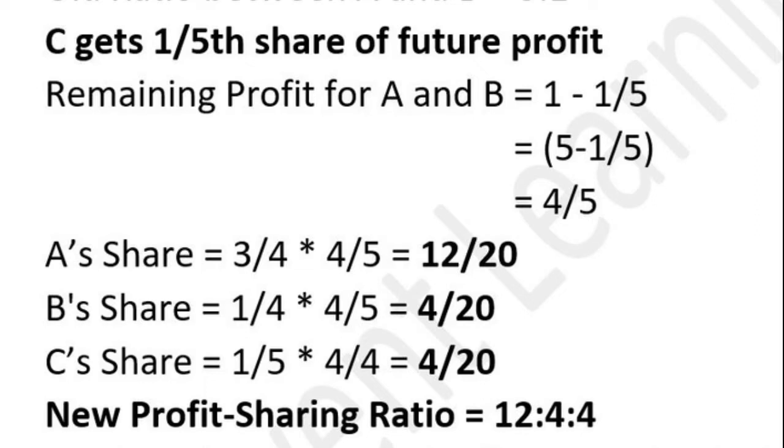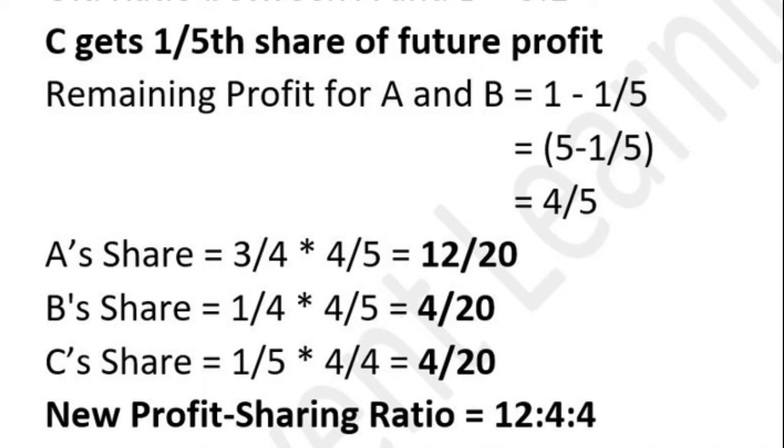That is 12 by 20. Similarly, in case of B, 1 by 4 into 4 by 5, that is 4 by 20. Now, C's share. C is admitted for 1/5 share and to equalize the denominator, we multiply 1 by 5 into 4 by 4. That is 4 by 20.